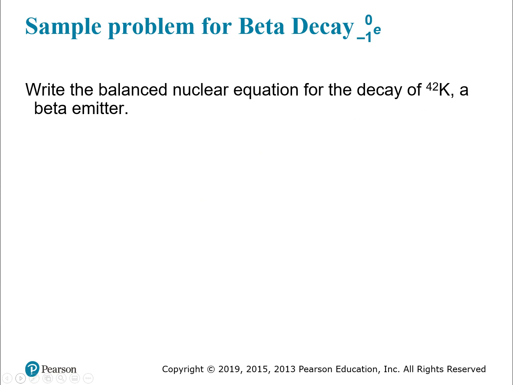Let's do one on our own. Write the balanced nuclear equation for the decay of potassium 42, a beta emitter. Beta emitter means that you're going to release a beta particle.